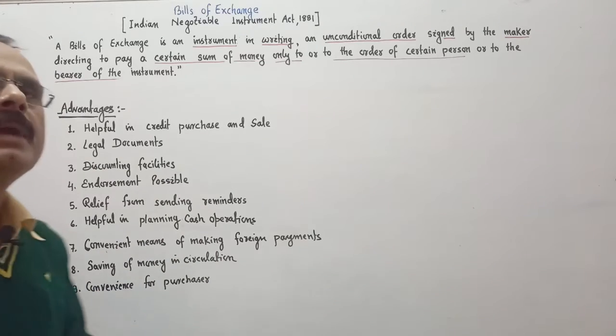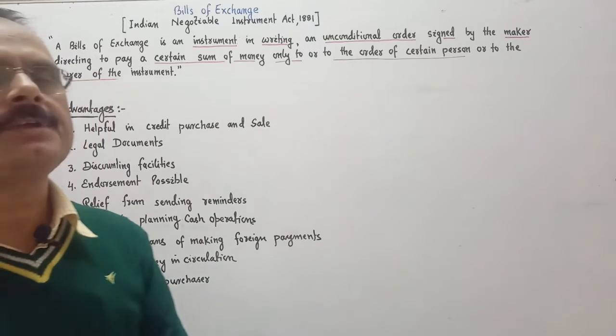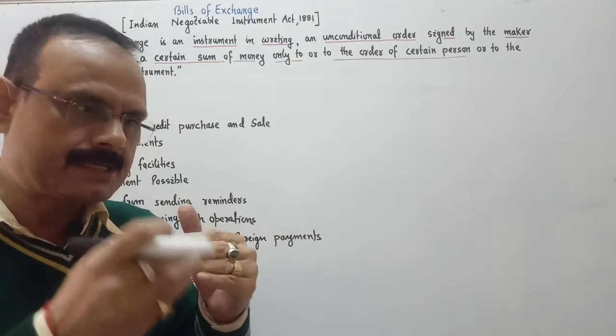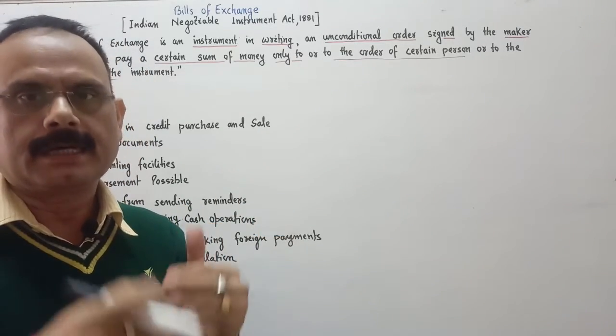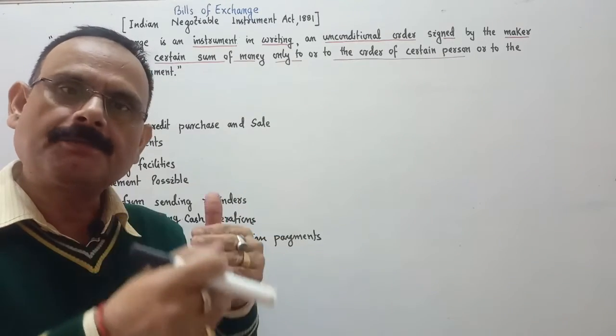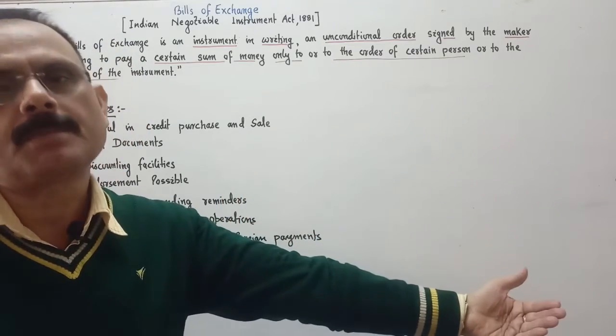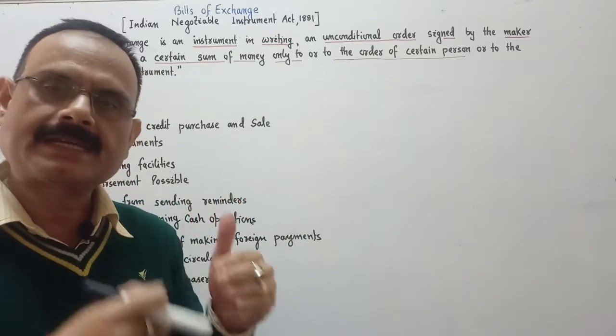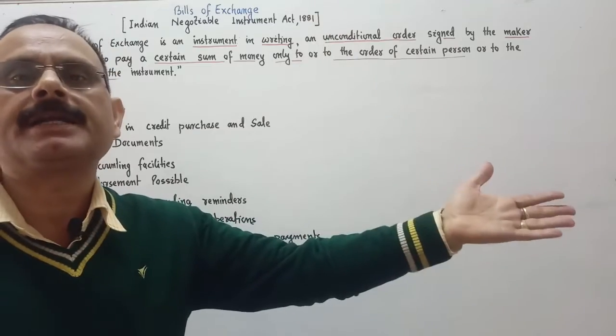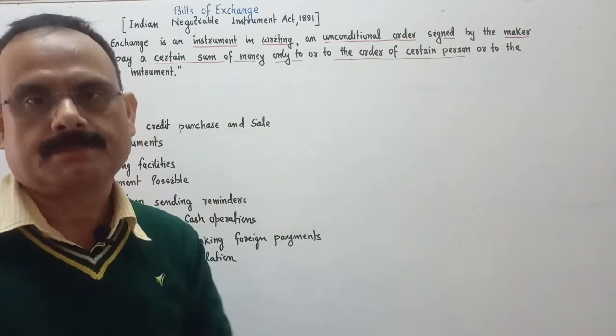Next is saving of money in circulation. Instead of currency, bills of exchange are in circulation in the market. If more bills of exchange are in circulation in the market, this saves the currency.